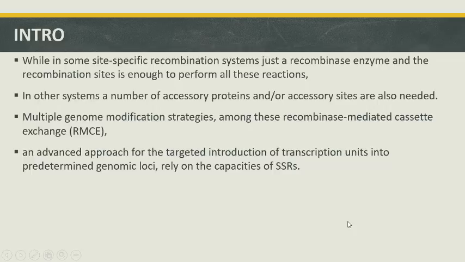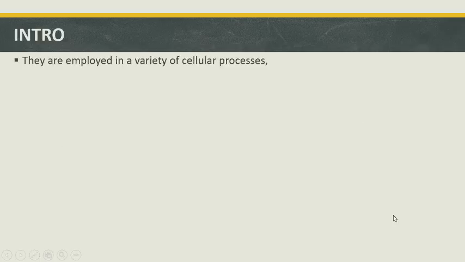Also, we have some multiple genome modification strategies, and these are the recombinase mediated cassette exchange, RMCE. We are going to discuss shortly what these cassettes are and what they mean.